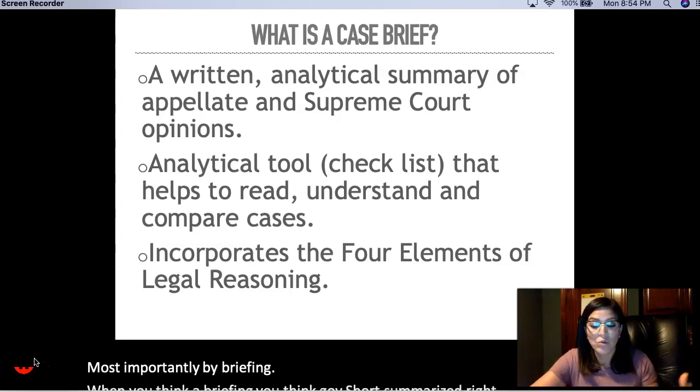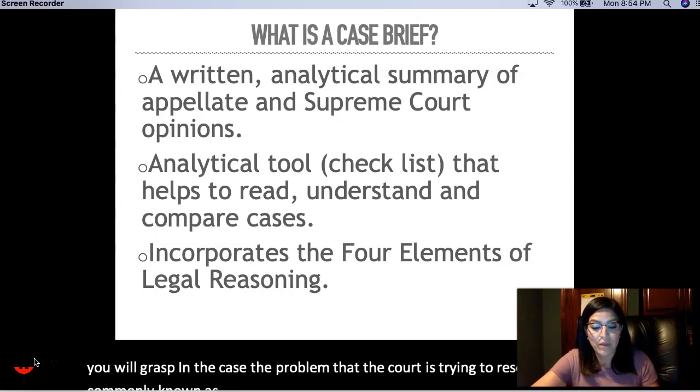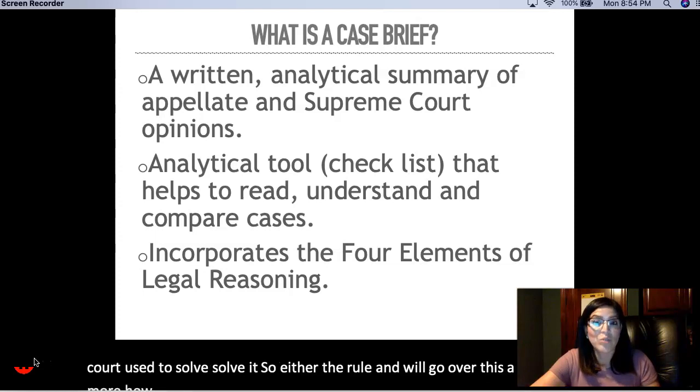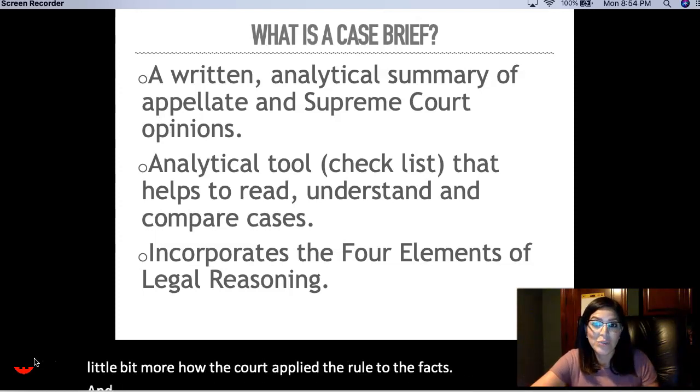Briefing a case, you will grasp the problem that the court is trying to resolve, or most commonly known as the issue. You are also going to look at the relevant law that the court used to solve it, so either the rule, and we'll go over this a little bit more, how the court applied the rule to the facts, and what is the conclusion.